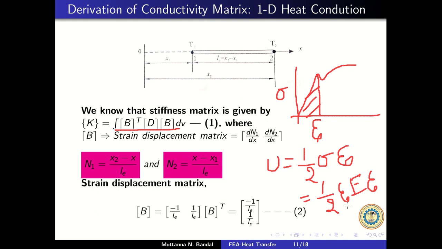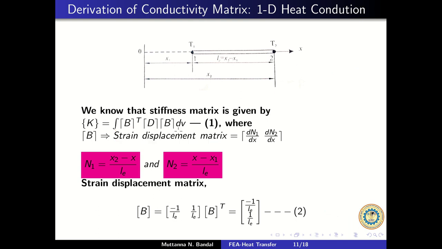So these epsilons are nothing but this B and this B, which we call the strain displacement matrix, and this E is Young's modulus, which is a constant in structural, and this D will act as the thermal conductivity in our thermal analysis. So hope you are clear with how we arrived at this equation.